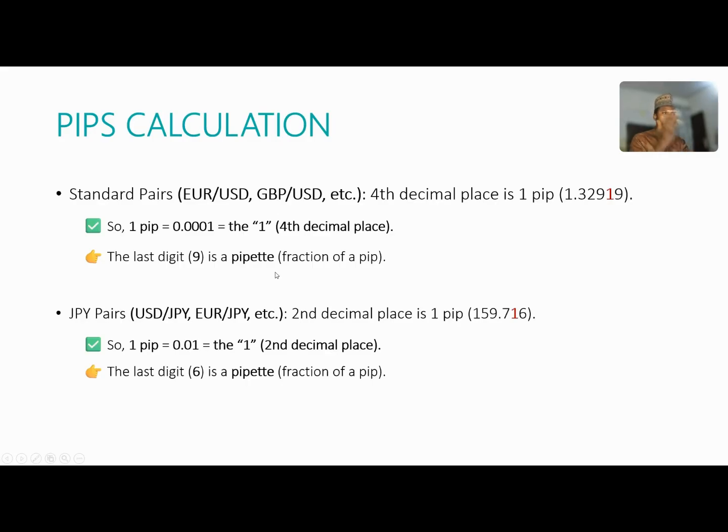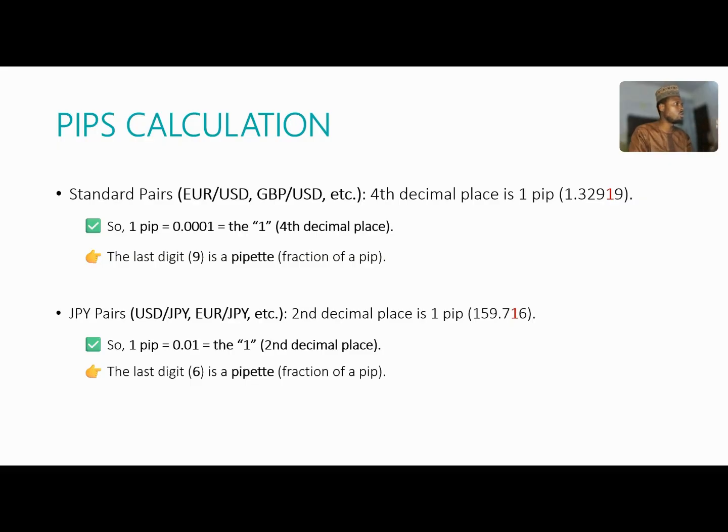So this is pips calculation. Every pair, every commodity or every asset has its own way of calculating its pips. So let's take EURUSD, the standard pairs, EURUSD or GBPUSD.